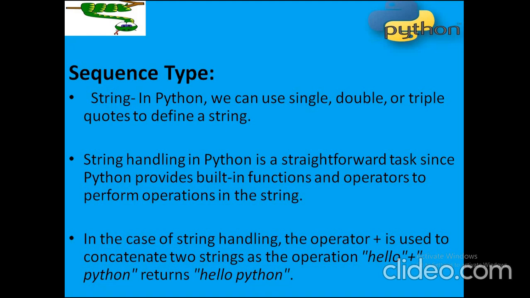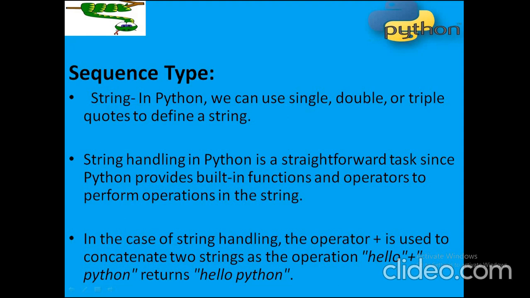Strings are used for handling many functions. String handling in Python is a straightforward task, since Python provides built-in functions and operators to perform operations on the string. This is a sequence type of data type.